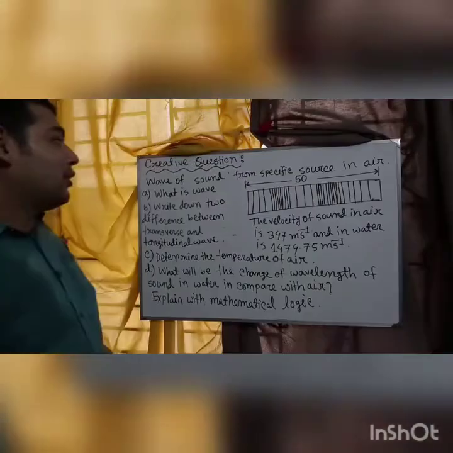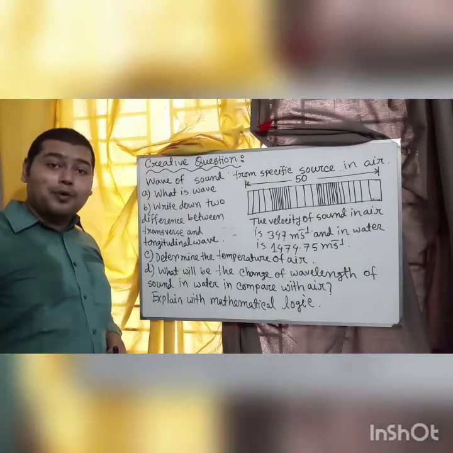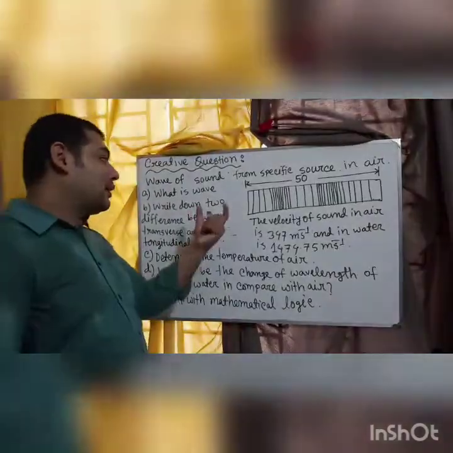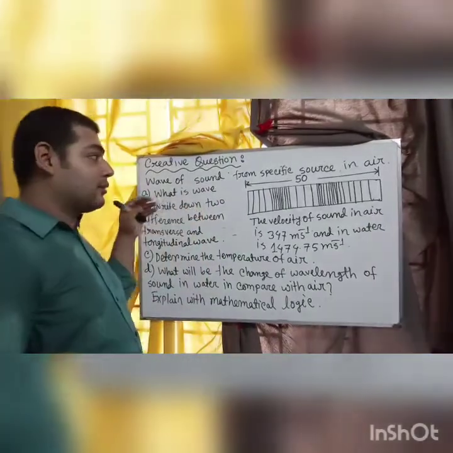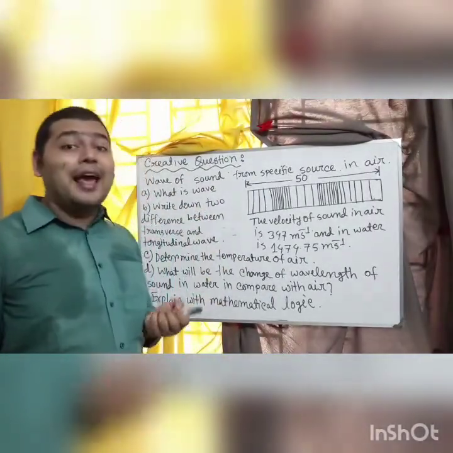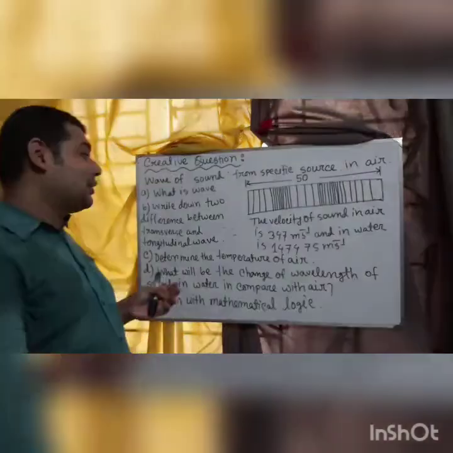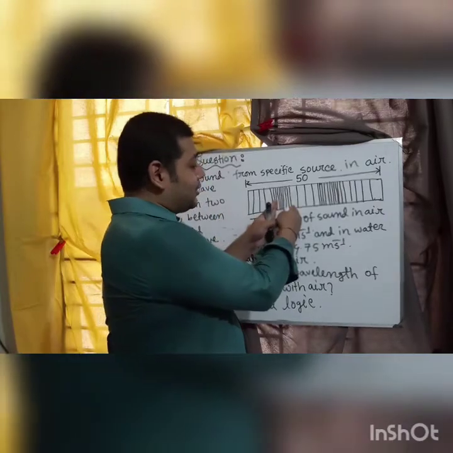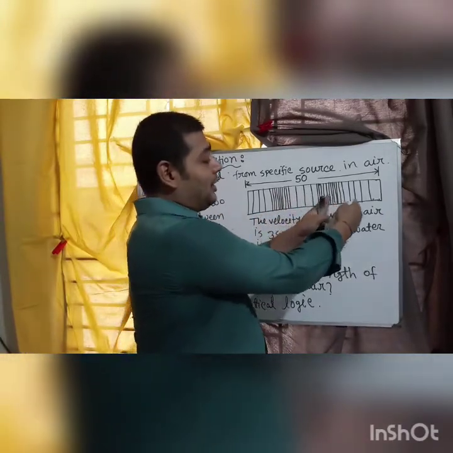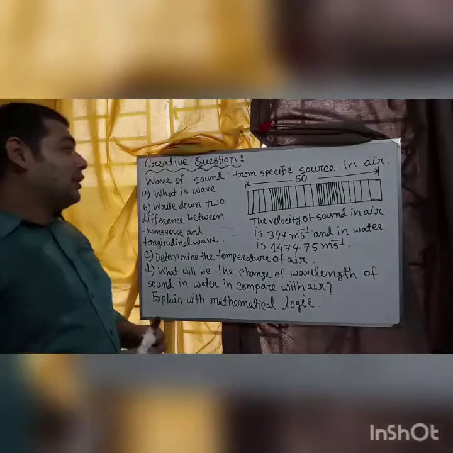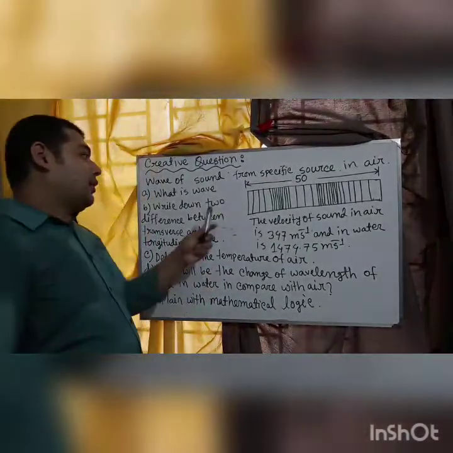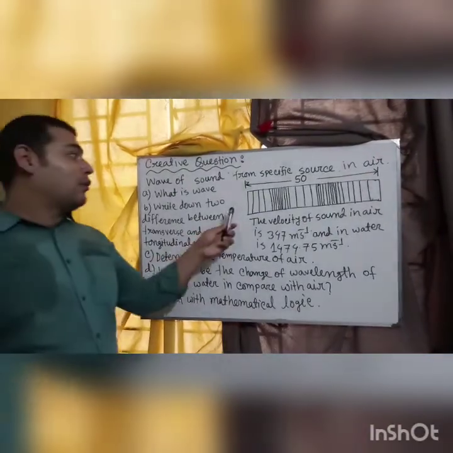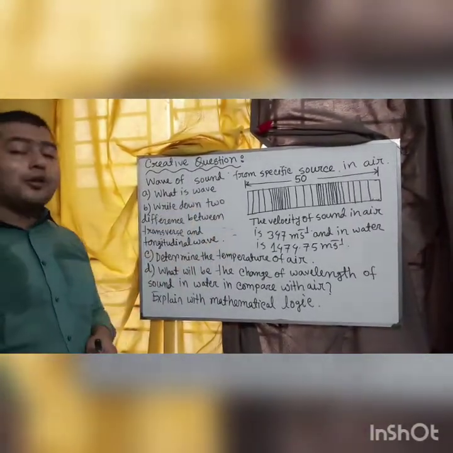One of the most important characteristics of a sound wave is that it consists of contraction and expansion, expansion and contraction. So the figure shows the wave figure of a specific sound source.